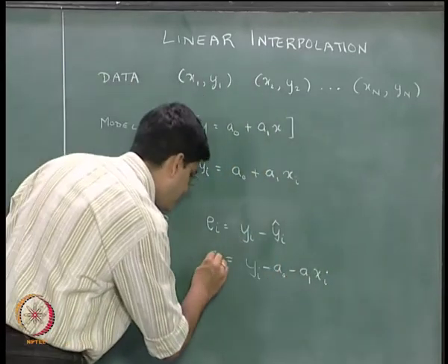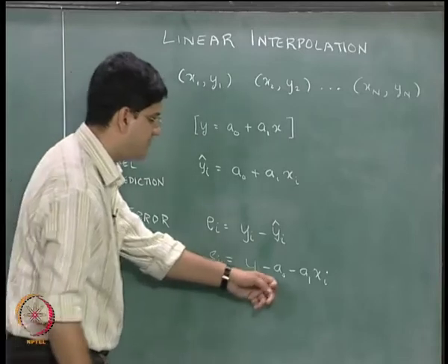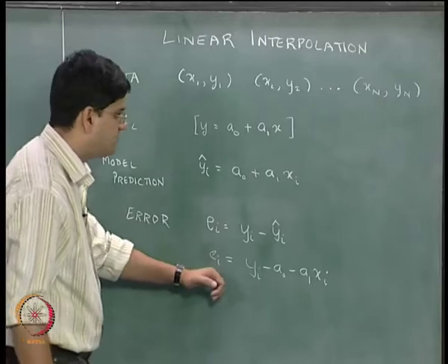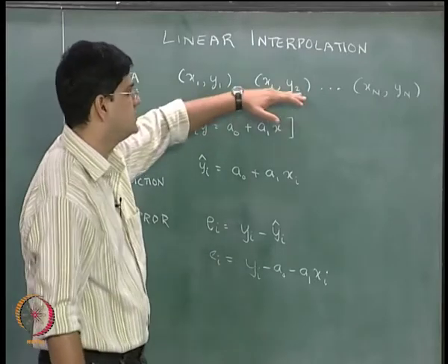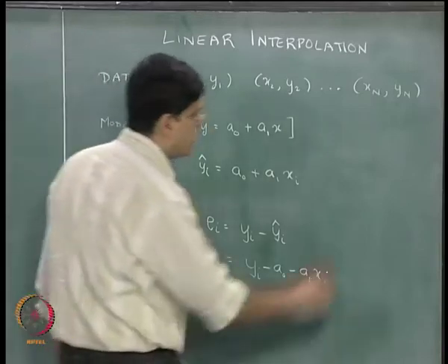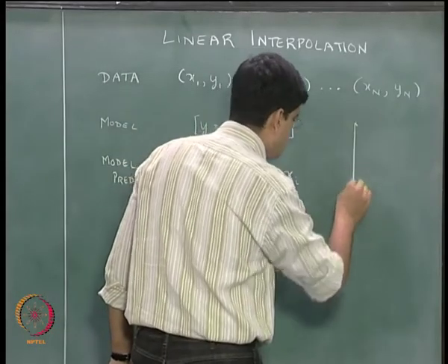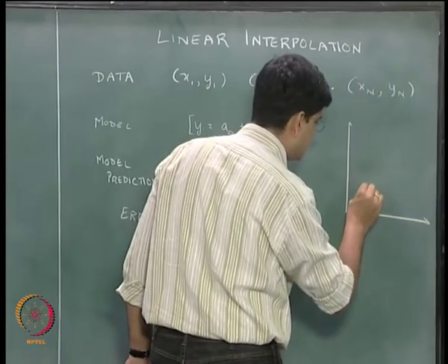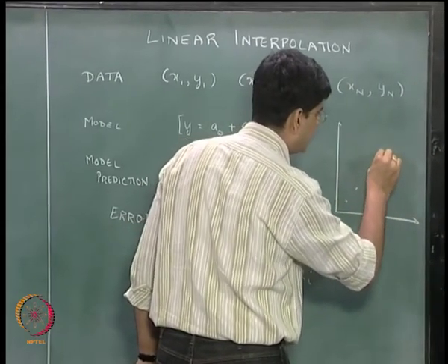So, the error is yi minus a0 minus a1 xi, that is the error for the ith point. You will have an error for the first point, second point, and so on up to all the n points, okay. So, as we had before, let us look at the 6 data points that we had.